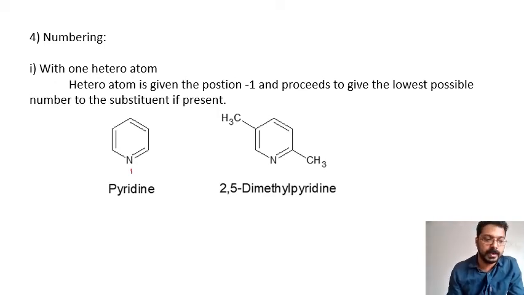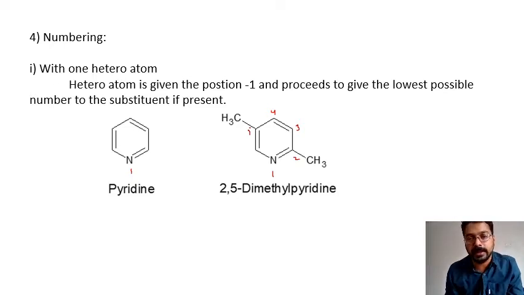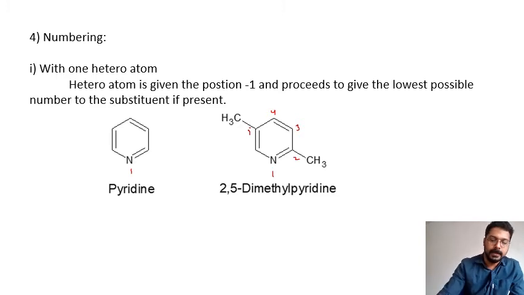It is 1, 2, 3, 4, 5. So the name used is 2,5-dimethyl pyridine. The name of the heterocyclic compound is pyridine, so no need to write 1-azine.